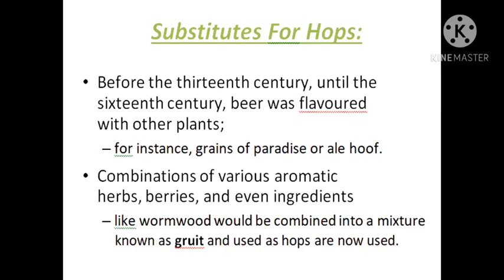Before the 13th century until the 16th century, beer was flavored with other plants, for instance grain of paradise or ale hoof. Another alternative is a combination of various aromatic herbs, berries, and even ingredients like wormwood, combined into a mixture known as gruit and used instead of hops, or sometimes still used now.